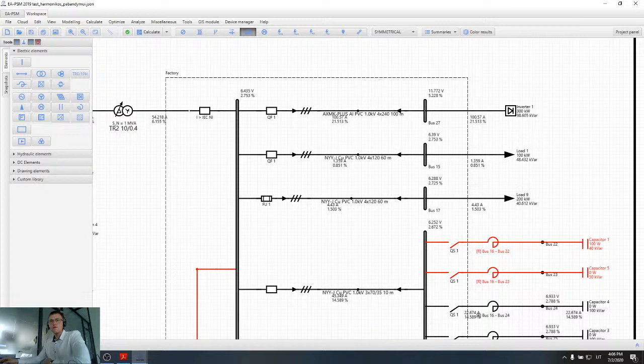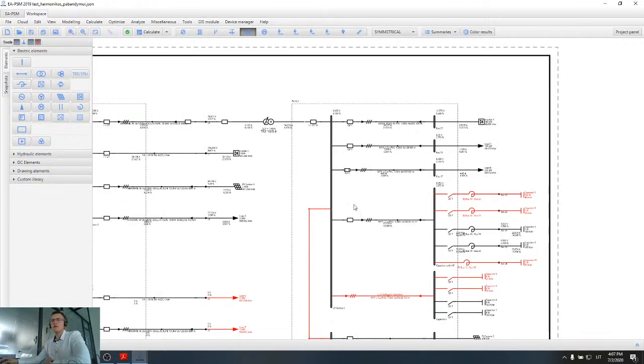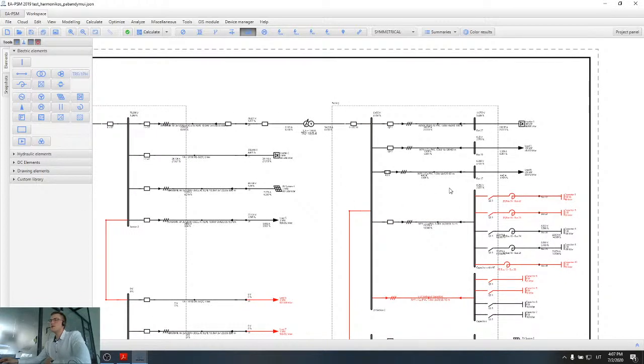Then there was one question from Mr. Saleh, and the question was: does the software consider the IEC 61000 summation law to add up the harmonic currents from different sources? So actually that summation law is needed only when you don't have software and you do hand calculations. But when you have software, you don't have to use that summation law.